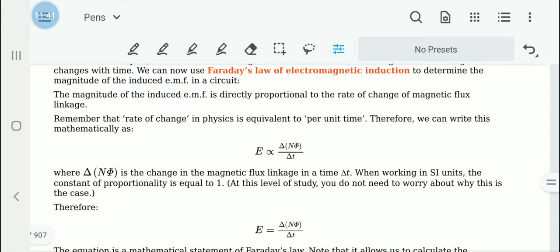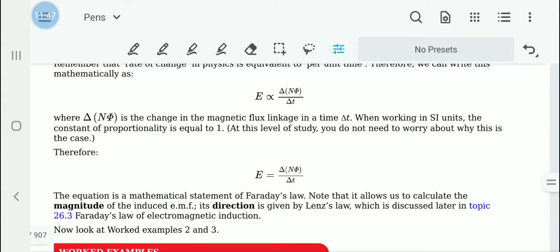E is proportional to delta N phi upon delta t. Leave a line and write the change in the magnetic flux linkage in a time delta t.